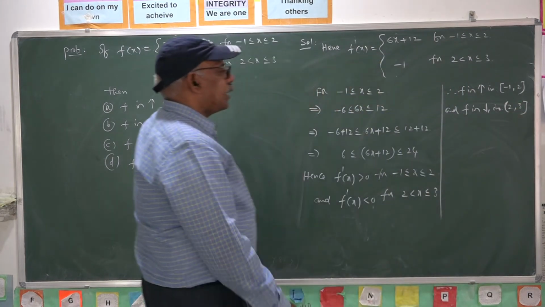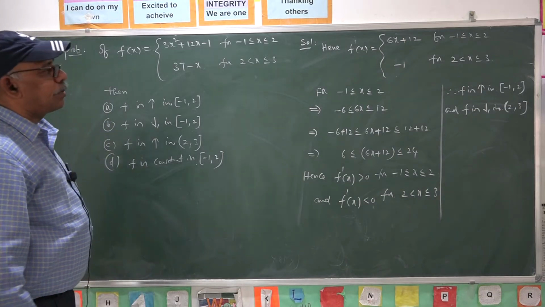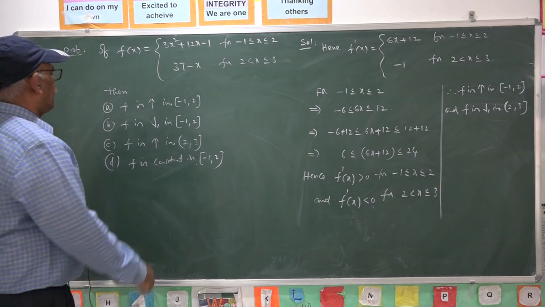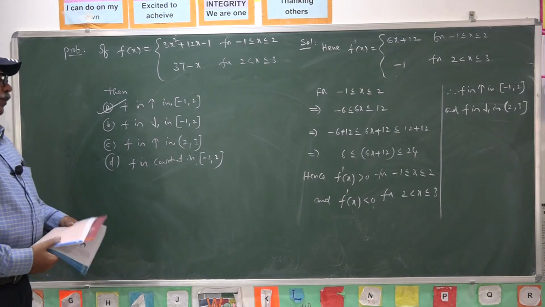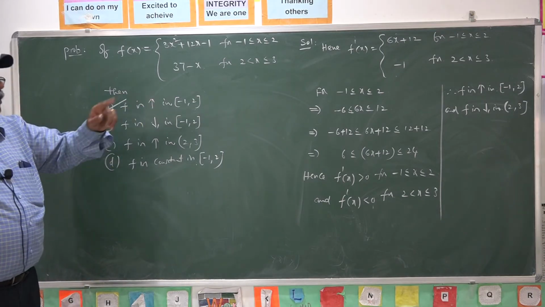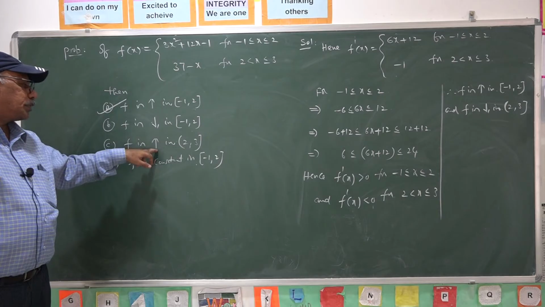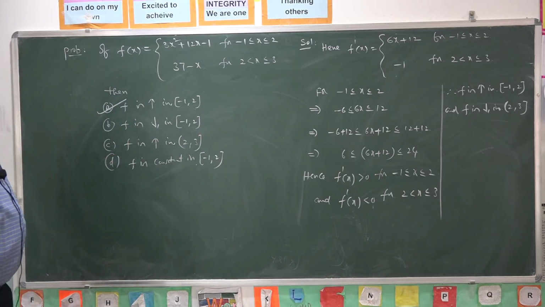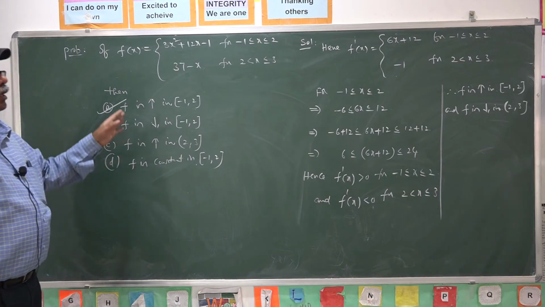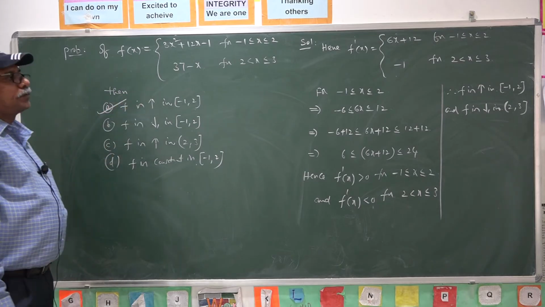So, f is increasing in -1 comma 2 itself. The first option is the right option. F is decreasing in 2 comma 3, but here it is given as increasing. So, in case of piecewise curves, you can observe like this.